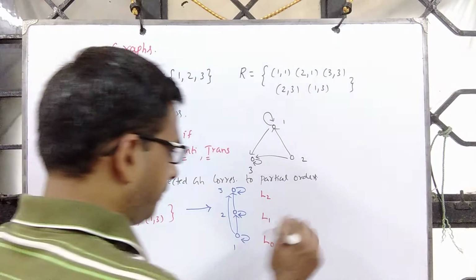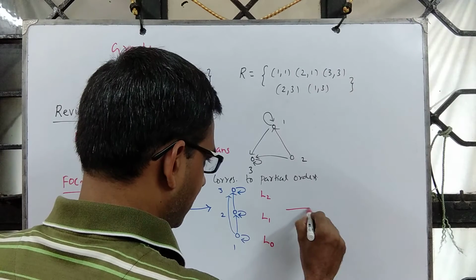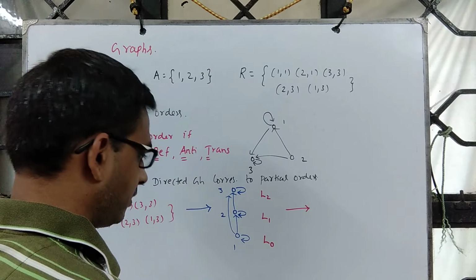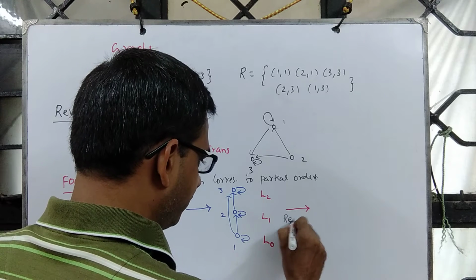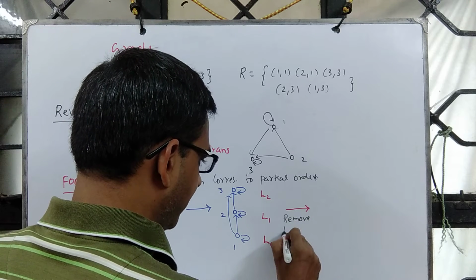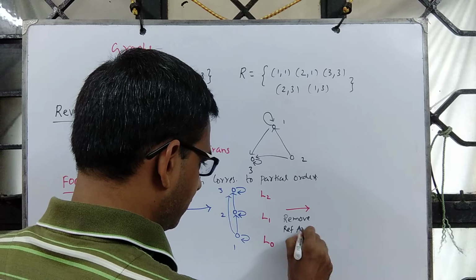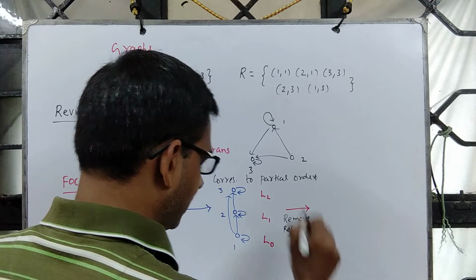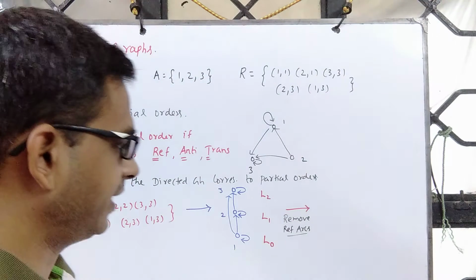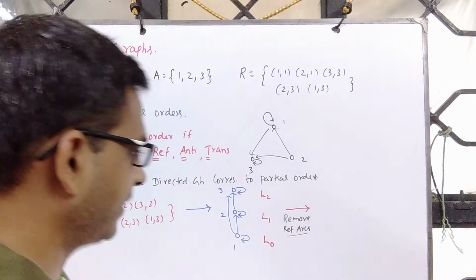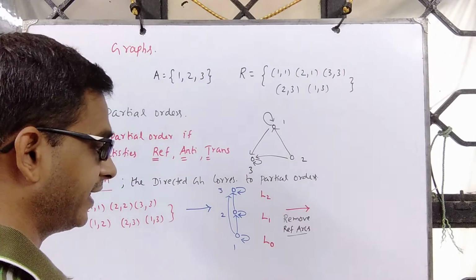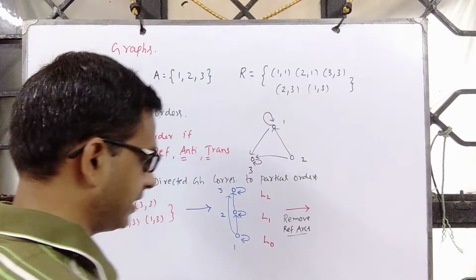Now I am going to simplify this directed graph. What I am going to do is remove reflexive arcs. Because we are going to work with partial orders, it is understood that these relations are reflexive relations.